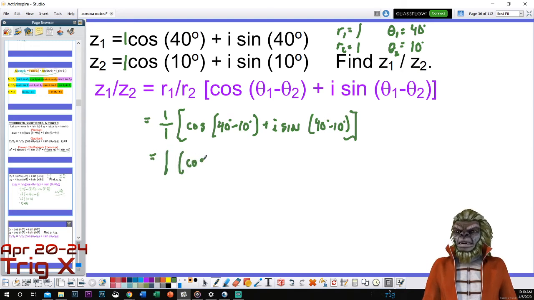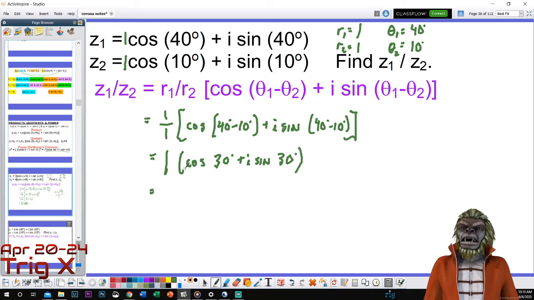Then the cosine of 30 degrees plus i sine of 30 degrees. Now I know technically I don't need that 1 there, but I'm going to leave it there just for practice. Cosine of 30 degrees, that's your pointer finger, that's square root of 3 over 2. Sine of 30 degrees is 1/2.